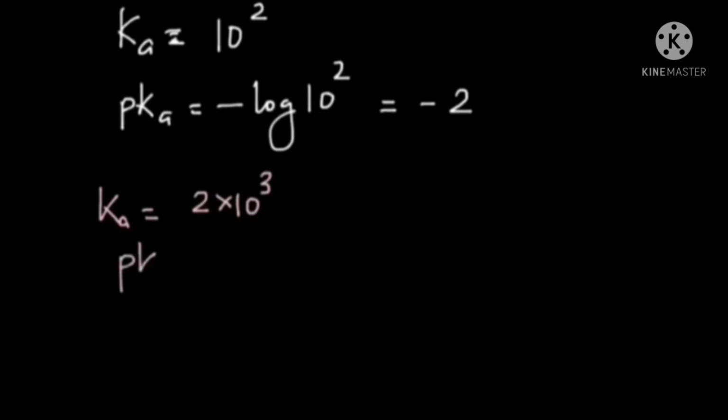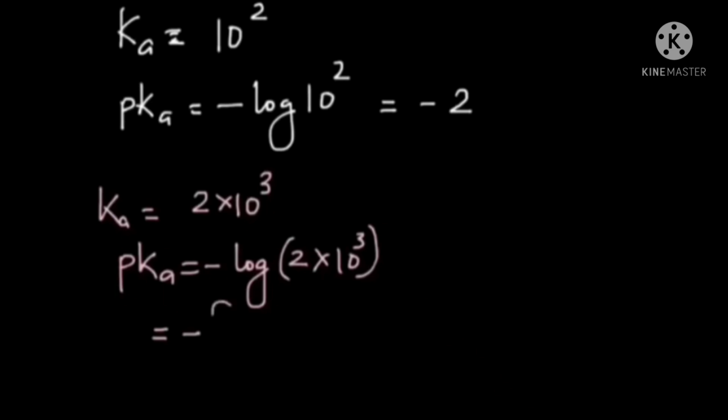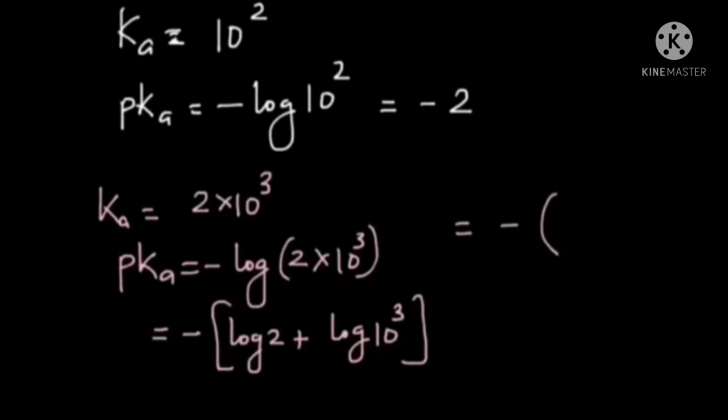Then pKa becomes minus log 2 into 10 to the power 3, and you can use the formula log of A into B equal to log of A plus log of B. So it becomes minus of log 2 plus log 10 to the power 3, and that gives us minus of log 2 is 0.3 approximately, and log 10 to the power 3 will give you 3. So the answer becomes minus 3.3.